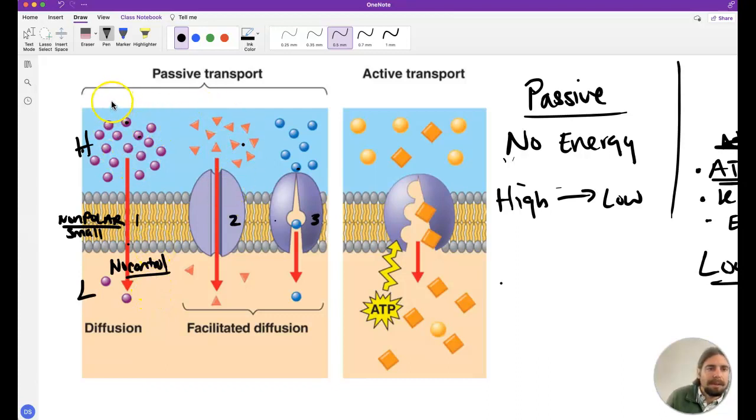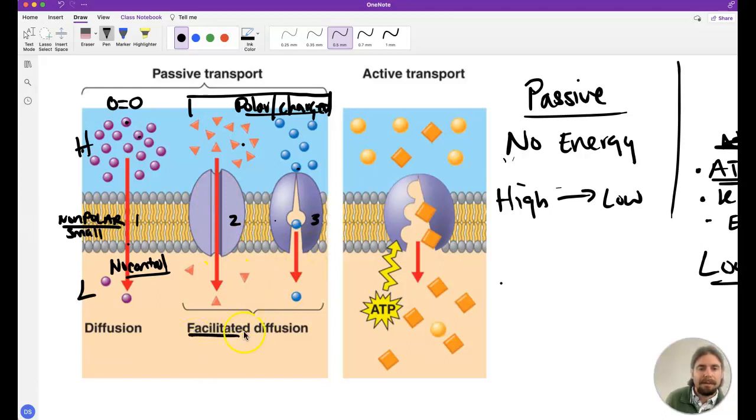So these little purple things might be oxygen, which is a small nonpolar gas that routinely diffuses across the membrane. Everything else, everything that is in this polar or charged category, is going to require the facilitation of a protein in order to get across the membrane. And so regardless of what these individual squares and circles are, we know that they have properties that require facilitation.